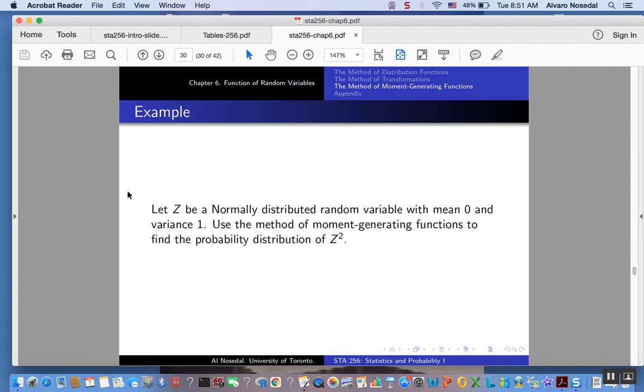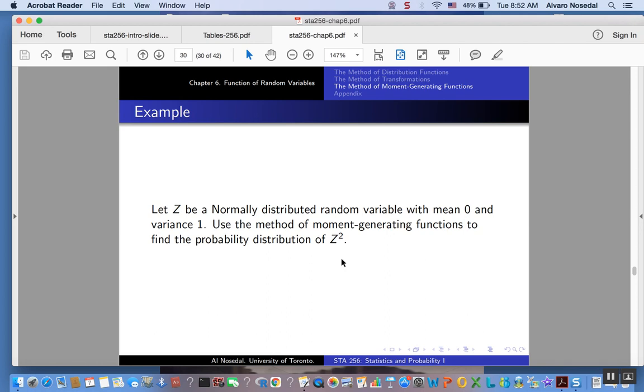We initially have a random variable z that is normally distributed with mean 0 and variance 1. So we have a standard normal. And what we're going to be doing is using the method of moment generating functions to find the probability distribution of a function of z, a transformation.